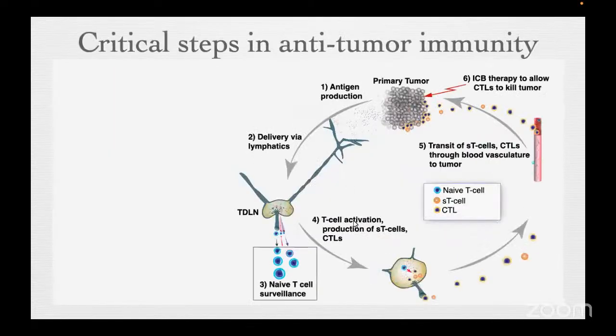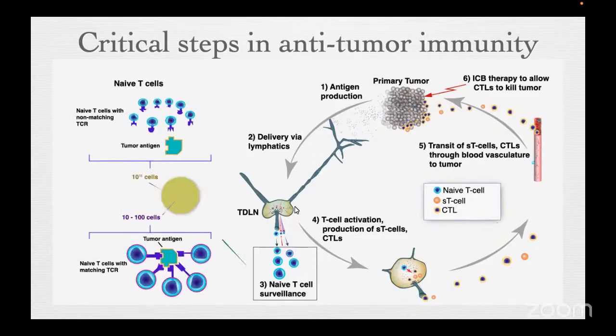So we come back to this cycle of anti-tumor immunity. The primary tumor releases antigen, it gets into the lymphatic system, and the antigen accumulates in lymph nodes, and at the same time, naive T cells are circulating through the blood circulation.